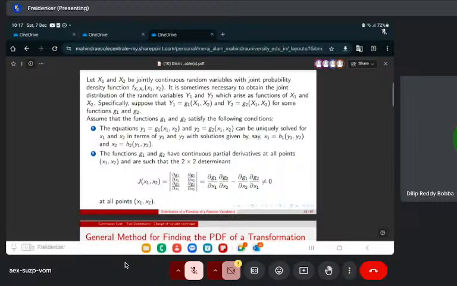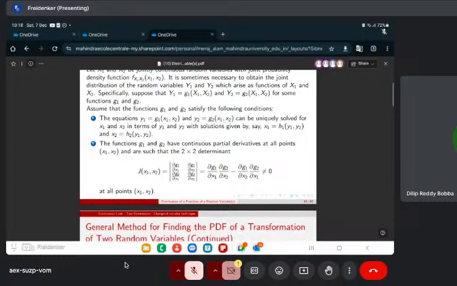So instead of increasing or decreasing, now we are assuming the solutions of y1 equal to g1 and y2 equal to g2 are unique, and the unique solution is x1 equal to h1 and x2 equal to h2. It's similar to one-to-one: for one output you have one input. So this is one assumption, and the other assumption is that the functions g1 and g2 have continuous partial derivatives.